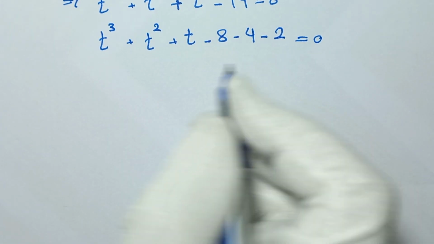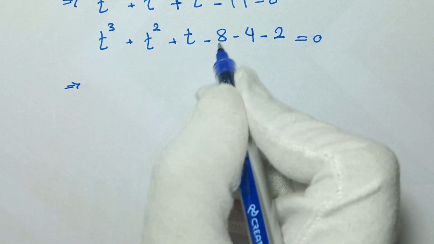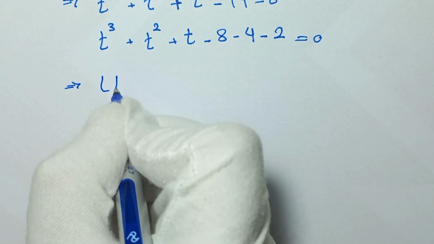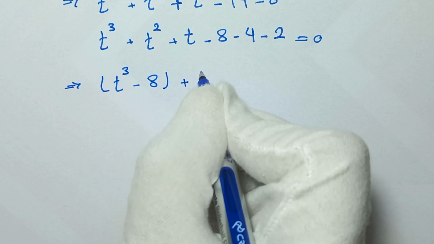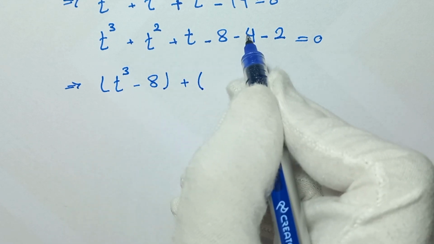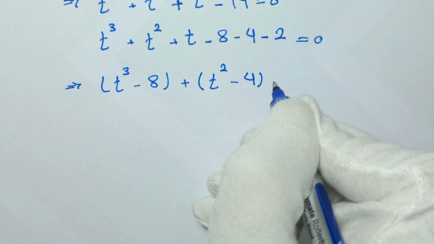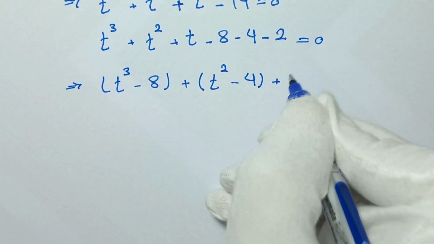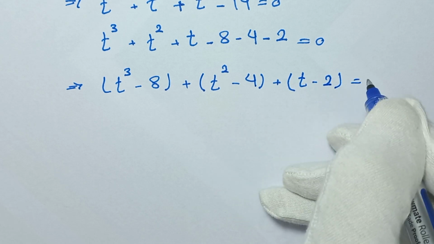So, in the next step, we take t cube and negative 8 together, so we write t cube minus 8, plus, in here, t square and negative 4 together, t square minus 4, and t and negative 2 together, so it will be t minus 2 is equal to 0.